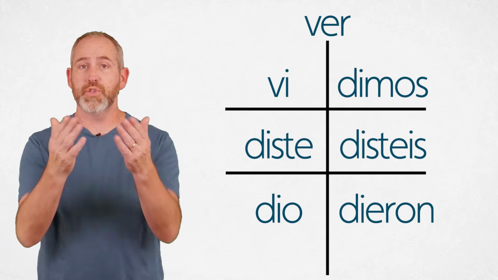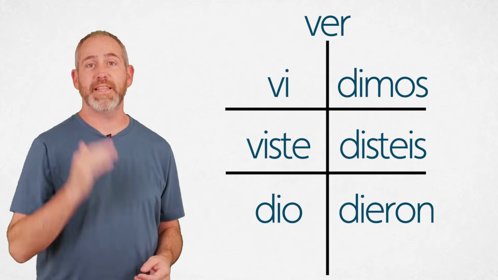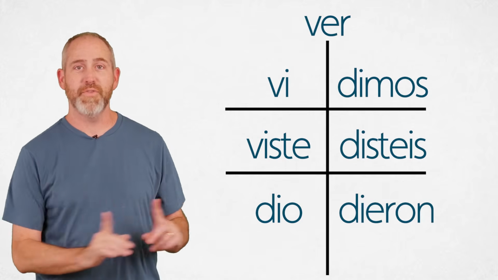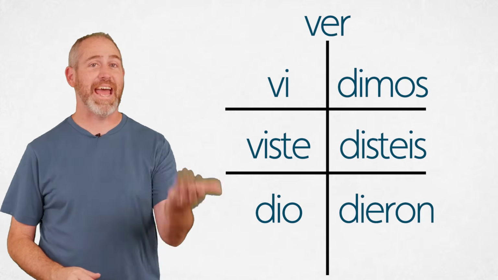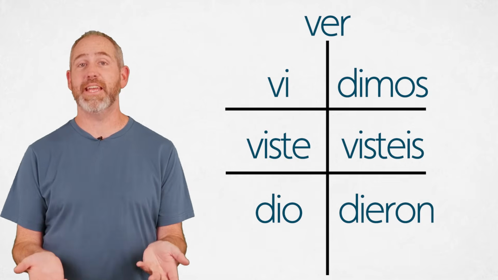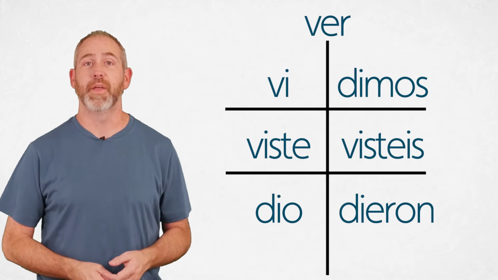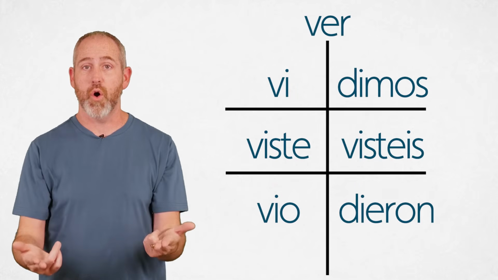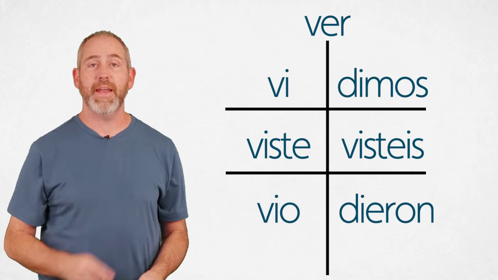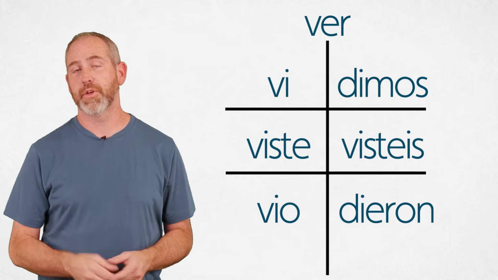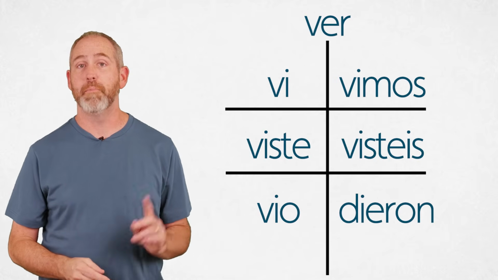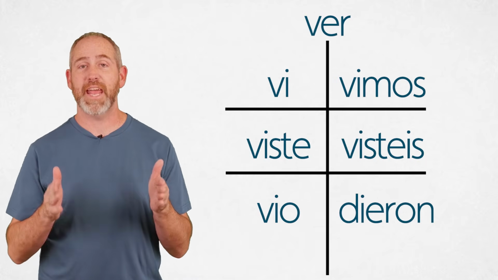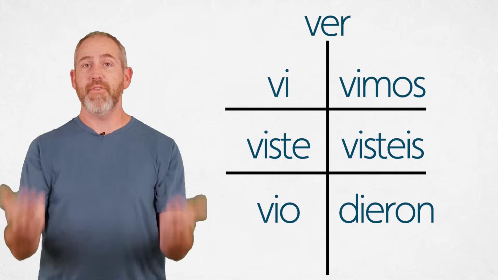And you saw, tú viste. Go ahead and move that over to the vosotros form. Add the is, vosotros visteis. It's easy. Bottom left, él, ella, usted vio. Top right, we saw, nosotros vimos. And on the bottom right, we have ellos, ellas, and ustedes vieron.